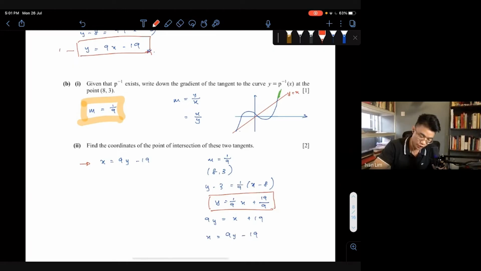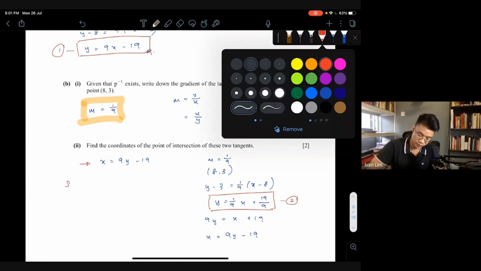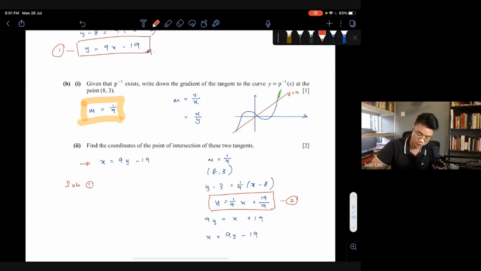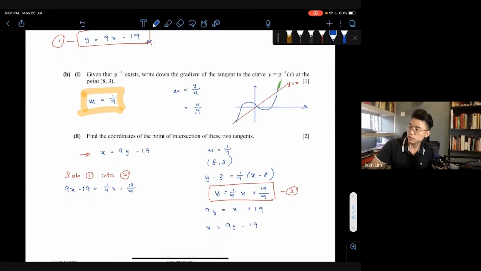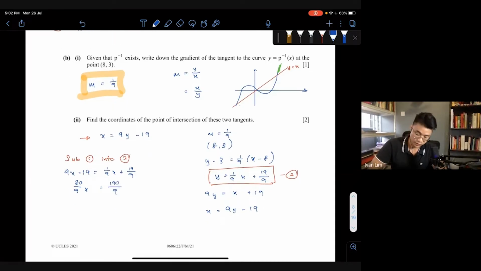Let's say this is equation 1, this is equation 2. Sub 1 into 2. 9x minus 19 equals 1 over 9x plus 19 over 9. You will get 80 over 9x equals 190 over 9, and x will be equal to 19 over 8.